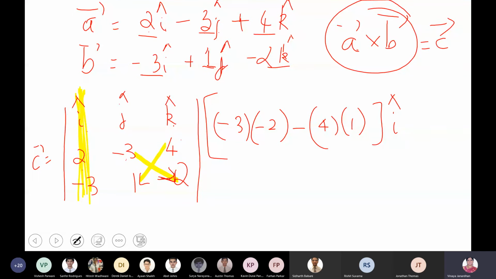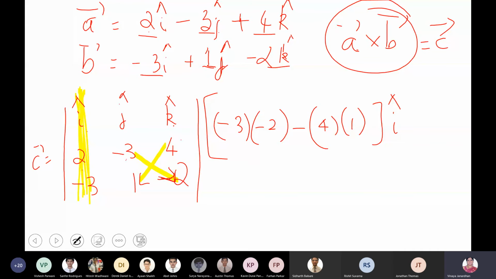Next, I have to go for J cap. Is this clear, boys, what I am doing? Yes, ma'am. Stepwise I am doing, right? See, the cross product of two vectors, A vector and B vector, is also a vector. So that is your C vector.